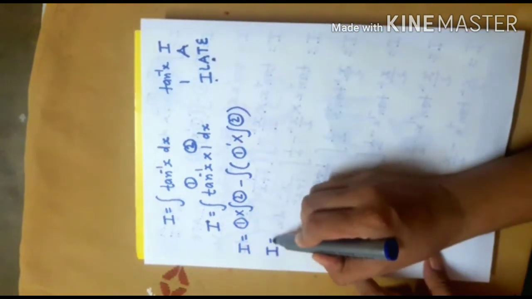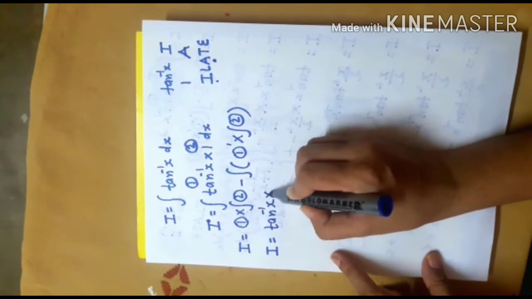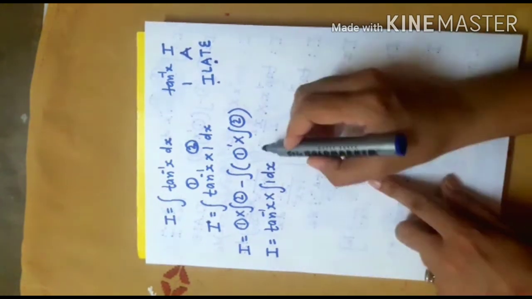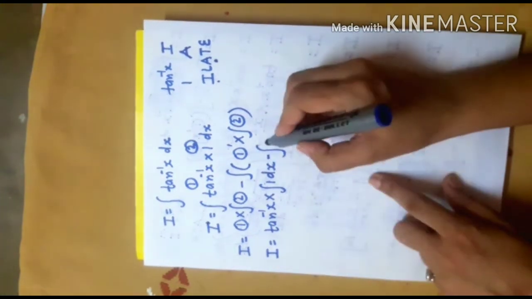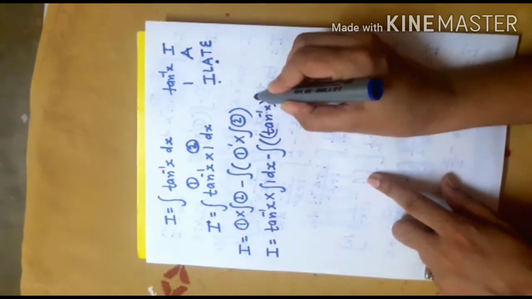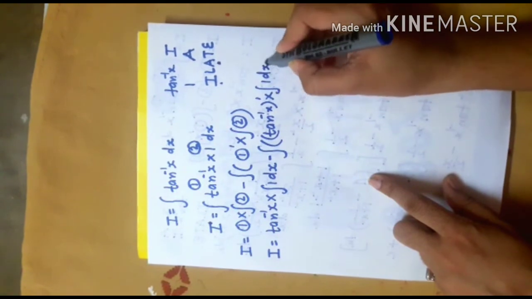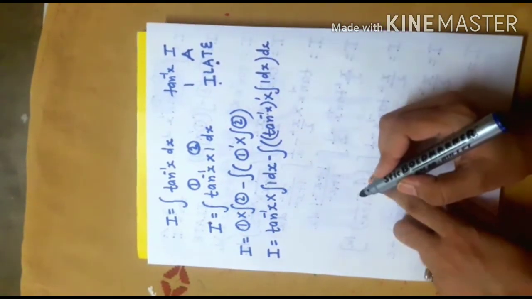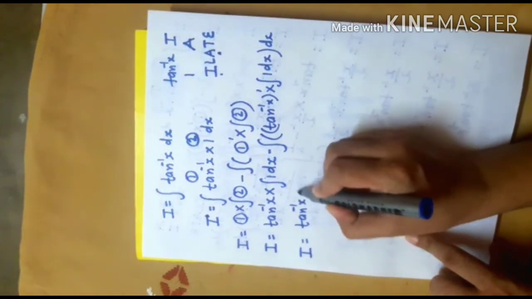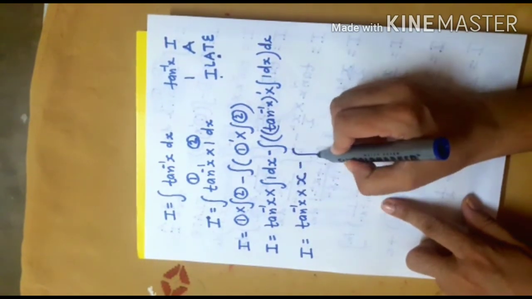Let's put the values. First function, that is tan inverse x, into integral of second, that is integral of 1, minus integral of derivative of first, that is derivative of tan inverse x, into integral of 1. So I will be equal to tan inverse x into integral 1 dx is x minus integral.